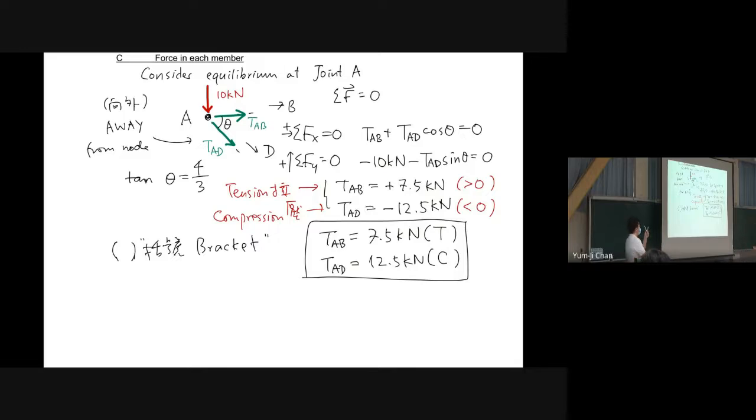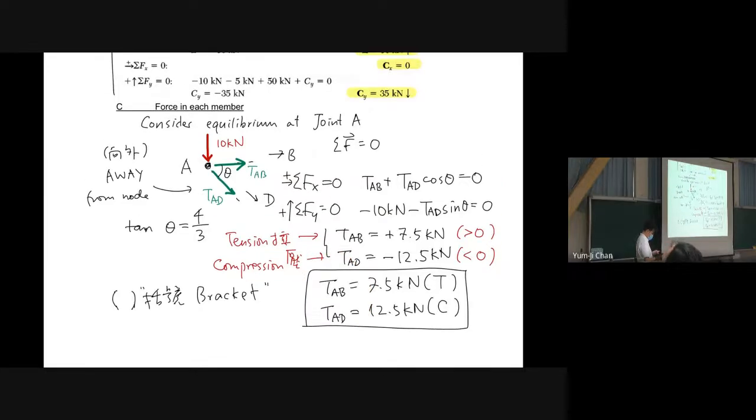And one important note. Let me do it once more, and I will remind you of one important thing. Is that okay? So from here, by considering equilibrium at joint A, we can determine TAB and TAD.